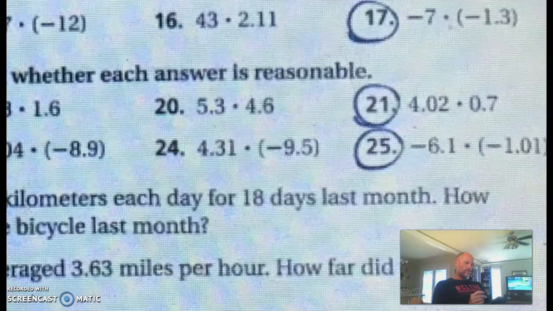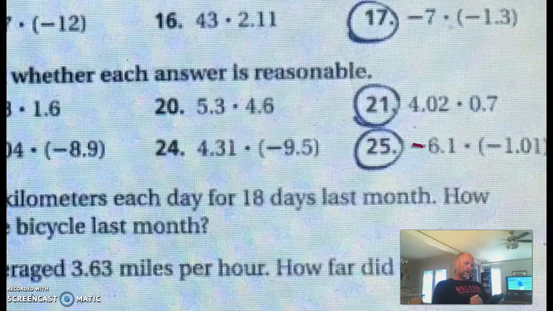So, number 25. Think about your signs, or your rules. We have a negative and a negative. Negative times a negative. Looks kind of normal, right? No eyes are messed up, so he's feeling good. So our answer is going to be positive, so I don't have to worry about these negative signs anymore.